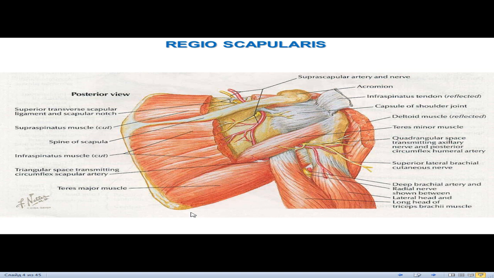Skin is thin and its movement is limited. Superficial fascia contains a few layers.